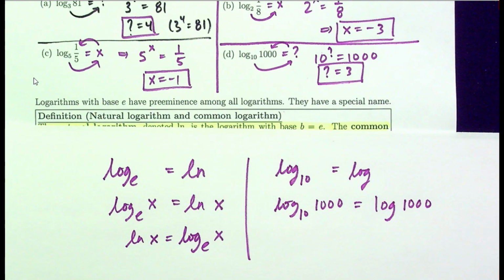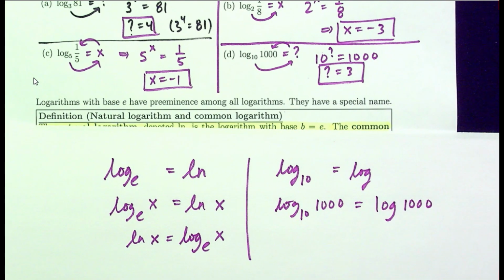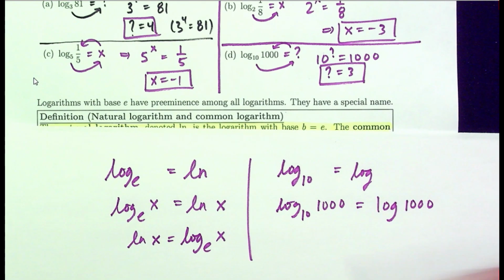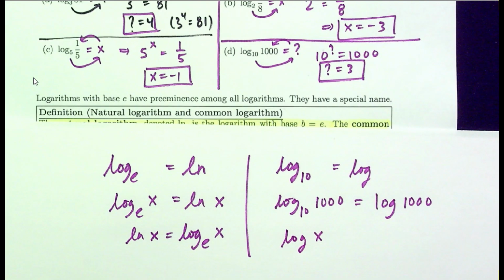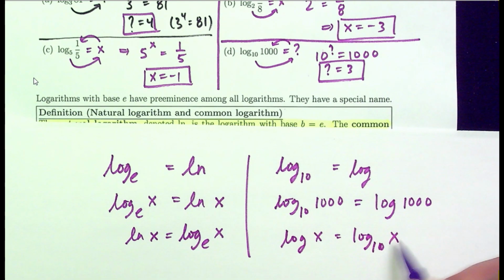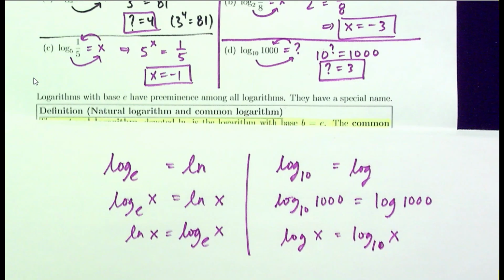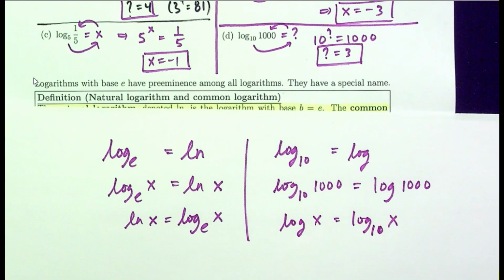It's implied. There's an invisible 10 there. And again, when you see this, that really means there's an invisible 10 there.